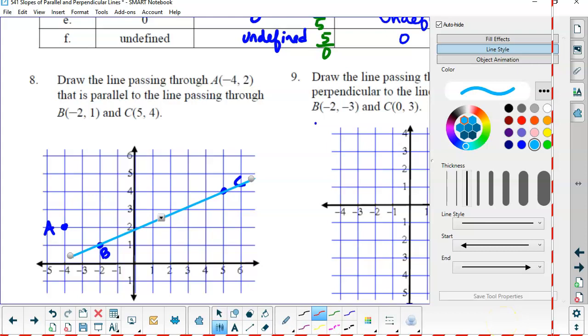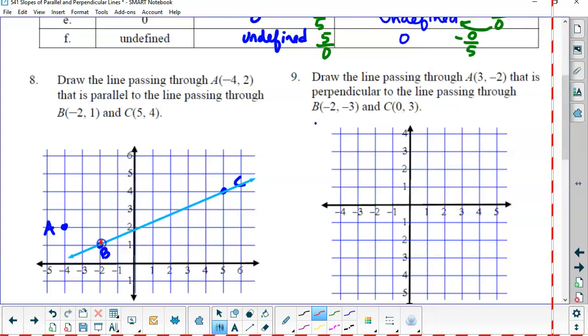Okay, so now we could calculate the slope here. It's going up and to the right. So it's going up 3, 3, 6, 7, to the right 7. So from this point A, we want to do the same thing. We want to go up 3 to the right 7. 3, 6, 7. Okay, and it says line passing through.